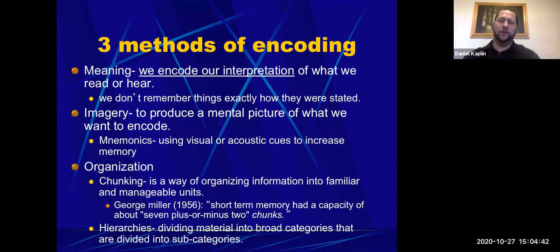Typically, we don't memorize things verbatim. So we don't remember word for word the last book we read or the last movie we watched. We tend to remember the gist, which is the most meaningful aspect of the book or movie.